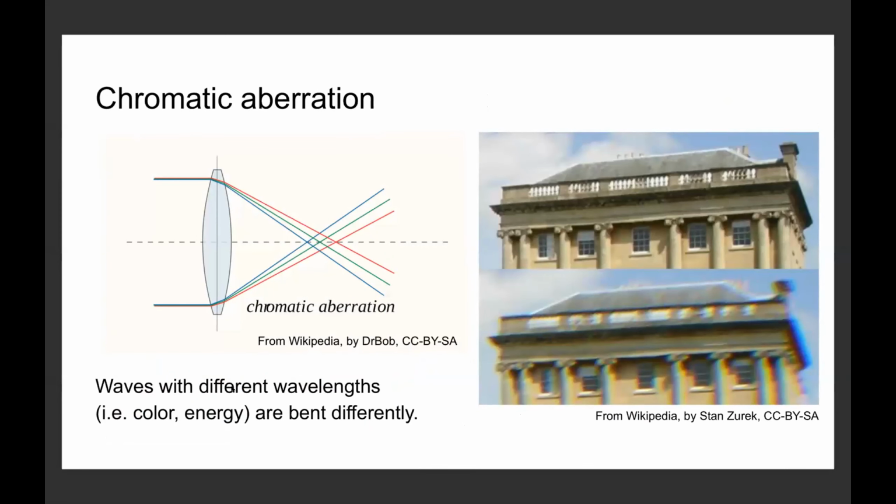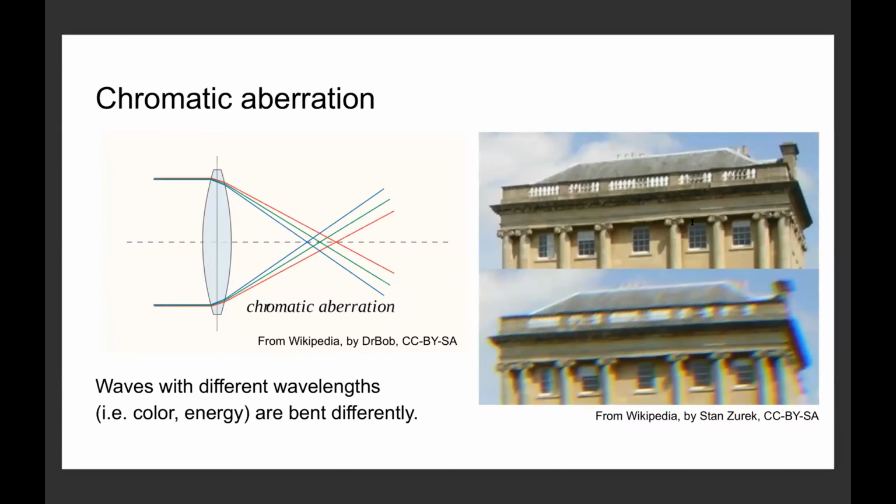And to understand the benefit of the cold FEG, you have to understand chromatic aberration. Waves with different wavelengths, like color or energy, are bent differently by an optical system or lens. In the case of visible light, red light and blue light are focused at different points.